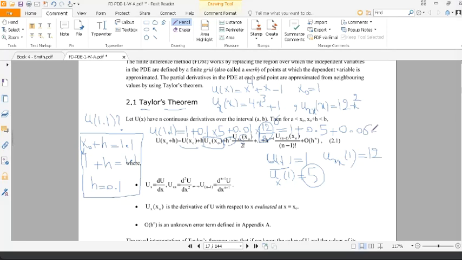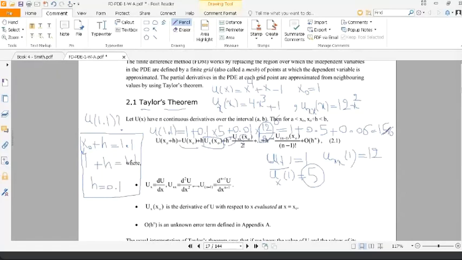And then I obtain 1.56. Okay, it's an approximation to u of 1.1 by Taylor's theorem.